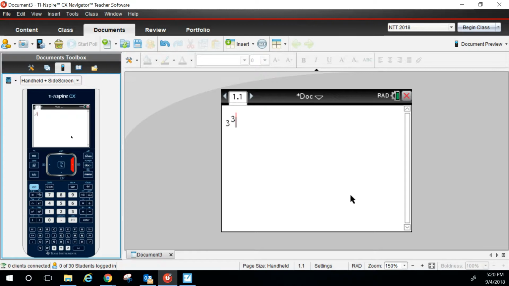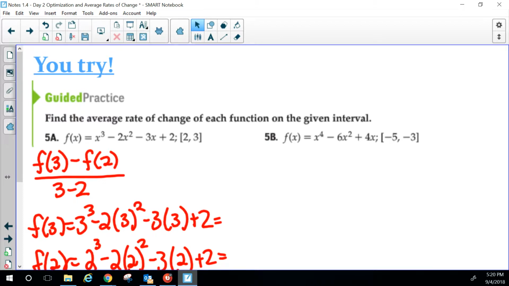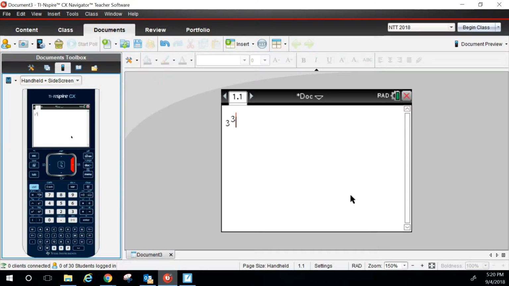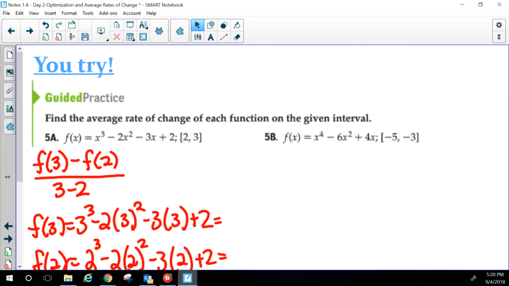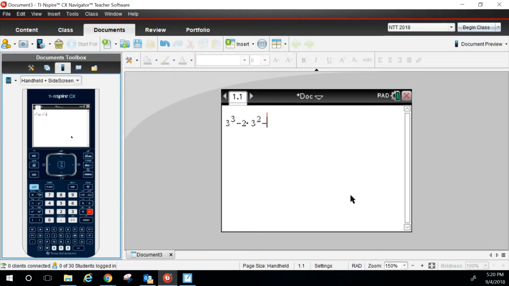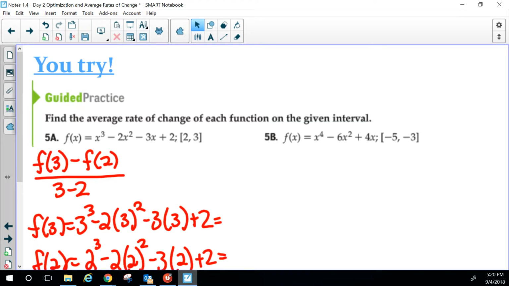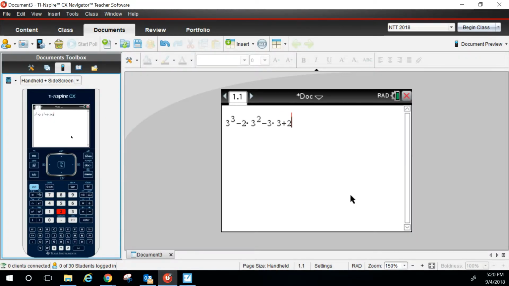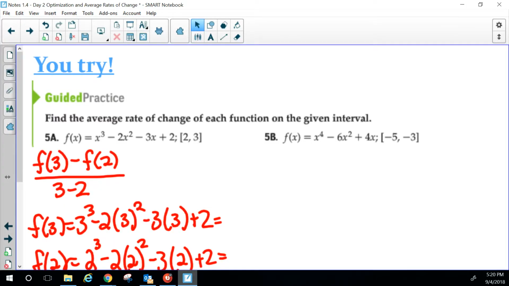And then get out of your exponent there. And then minus 2 times 3 squared. Minus 3 times 3. And then plus 2. Notice if there's not a negative, you don't need any parentheses up there. And it's going to spit out the answer for us, which is 2.